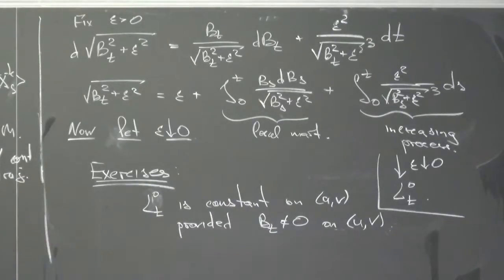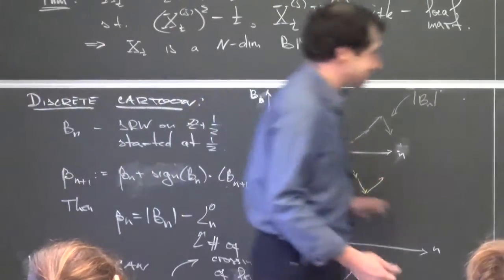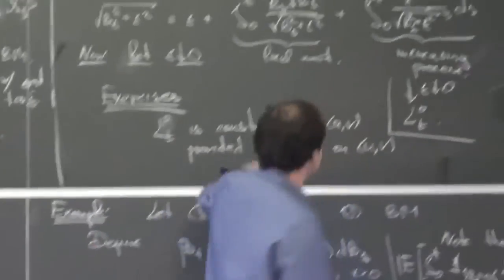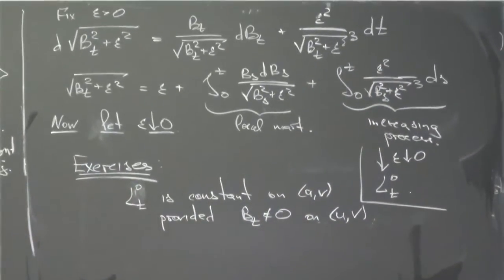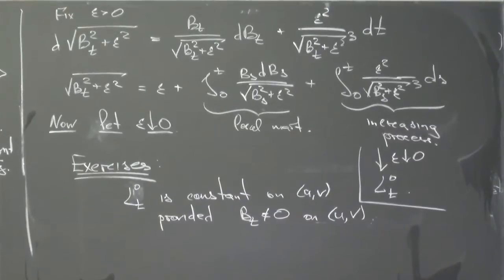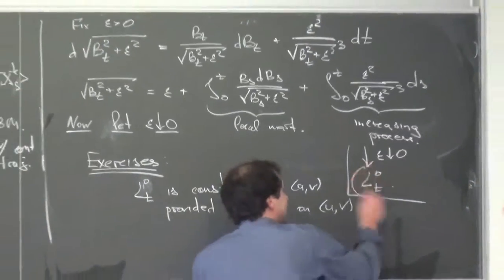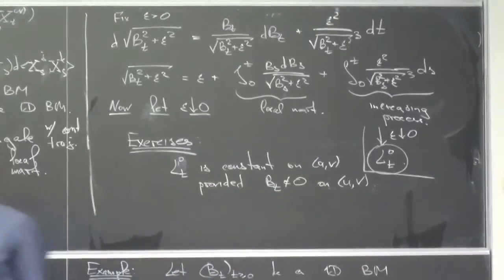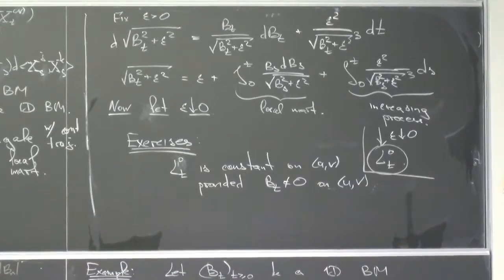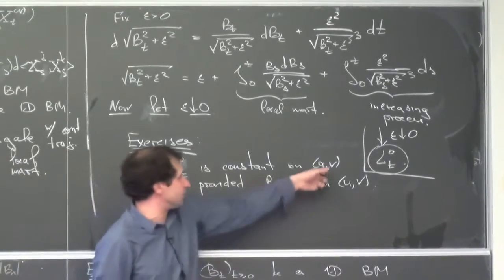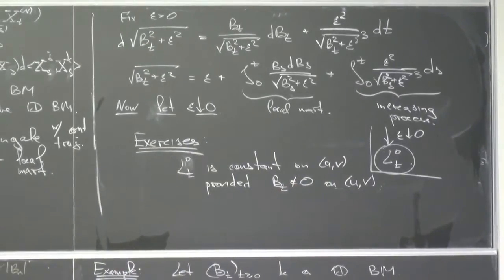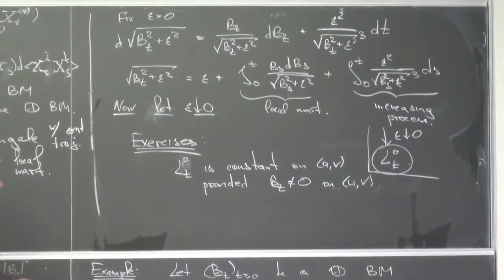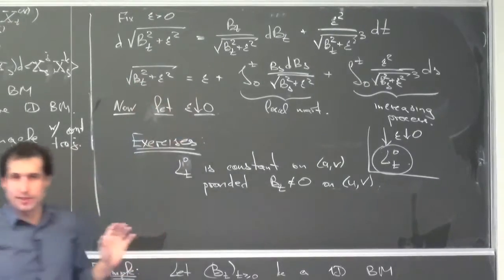I mean, the analogy is here again. In discrete it's clear, but in continuum you can just deduce it from the definition. It's not hard. So at the end of the day, what we have is an increasing process L_t, which is constant on any interval which is free of zeros of B_t. And it also satisfies some properties. Basically it's written here.